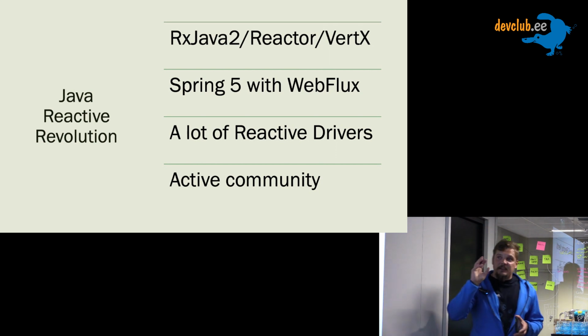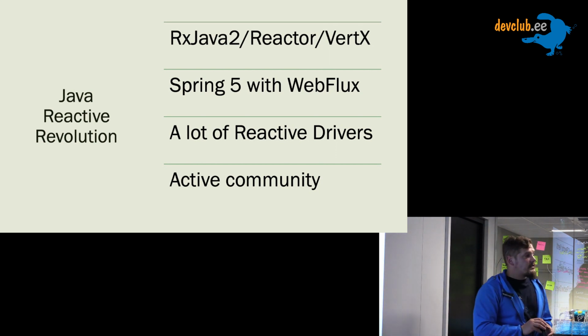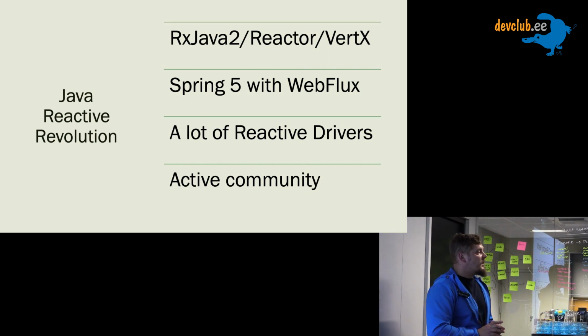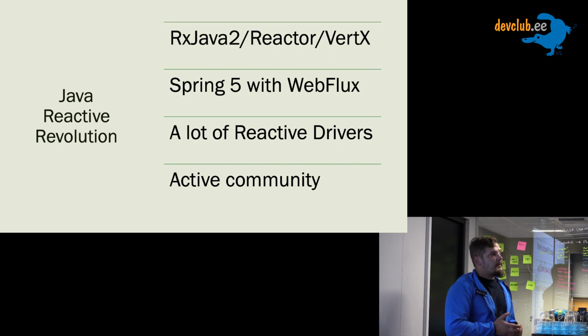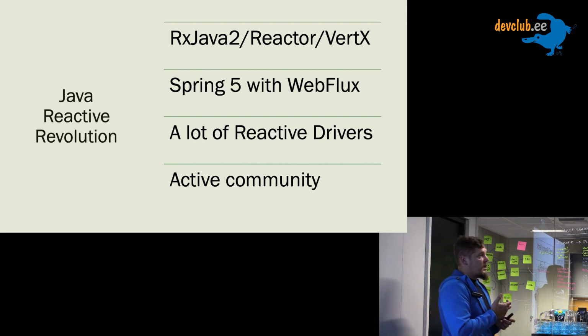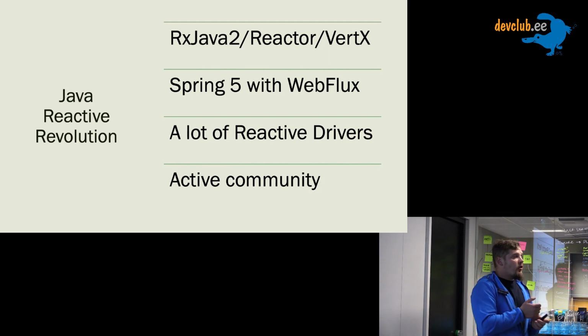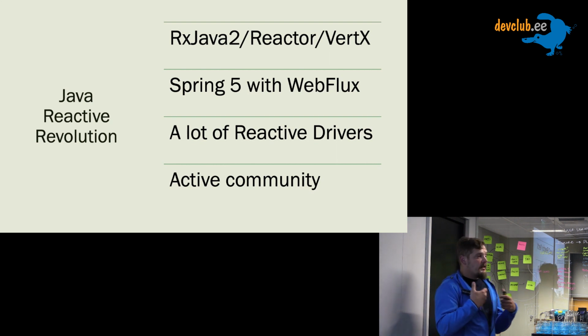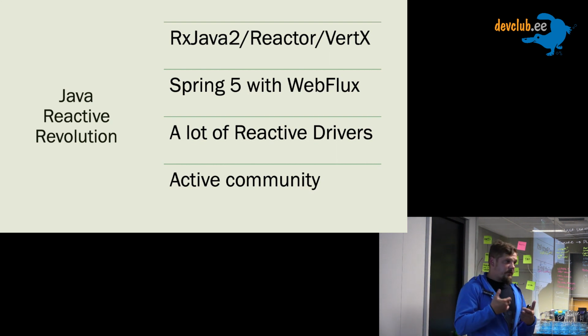Actually, the term coined in the Java reactive revolution was made by George Long, one of the Spring developer advocates. And right now, there is a huge number of different drivers, for example for InfluxDB, Neo4j, CouchDB. There is an implementation of reactive JDBC, and the community is working intensively on a common implementation of JDBC in a reactive way.